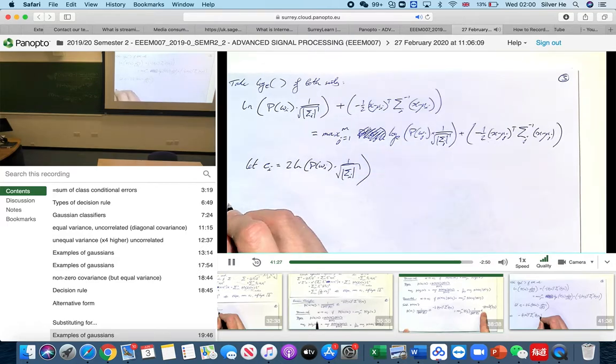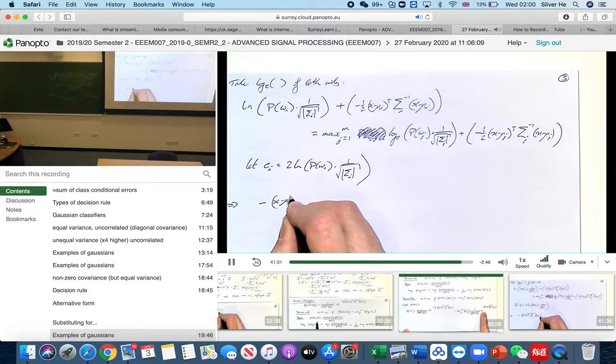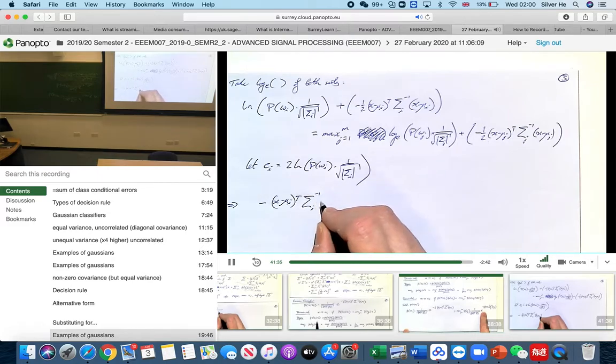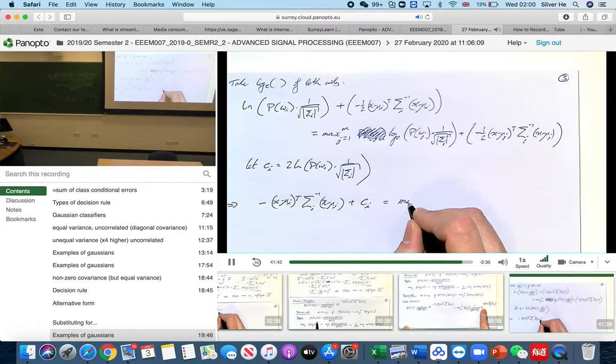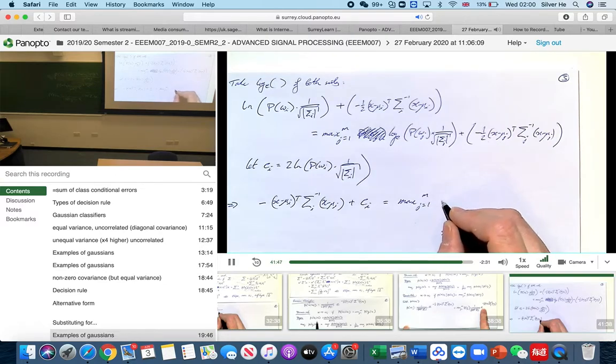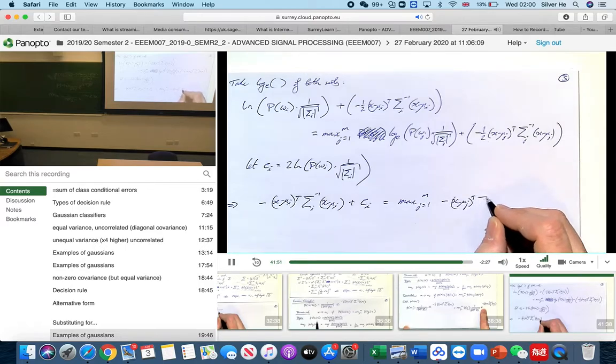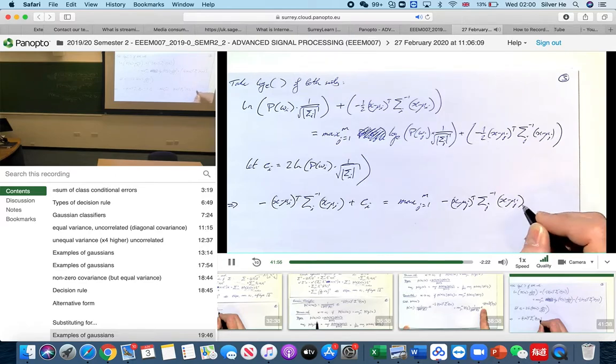Then we get minus x minus mu i transpose sigma i to the -1 x minus mu i plus Ci is equal to the maximum from j equals 1 to m of minus x minus mu j transpose sigma j to the -1 x minus mu j plus Cj.